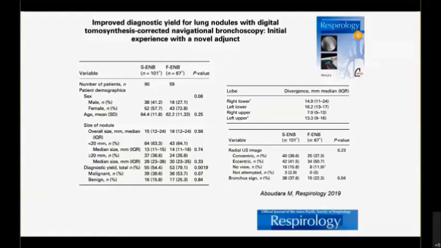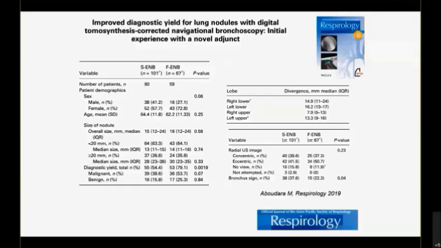We compared standard bronchoscopy with ENB, electromagnetic navigation bronchoscopy, for 4 months before introduction of fluoroscopic navigation, and then we looked at cases 4 months after. So you have 4 months of standard ENB, 101 nodules, and then 67 nodules in the 4 months after introduction.